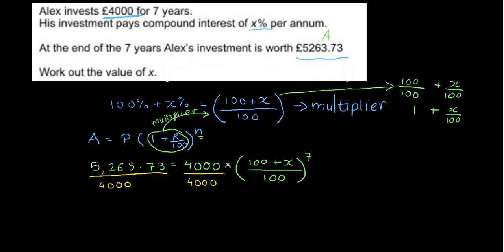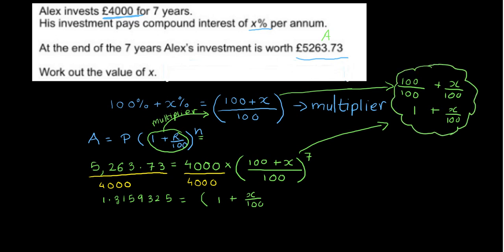I need to use all of it in order to stay away from rounding errors. 1.3159325, it's not too bad, is equal to 1 plus X over 100. And I could have used 1 plus X over 100 to start off with.